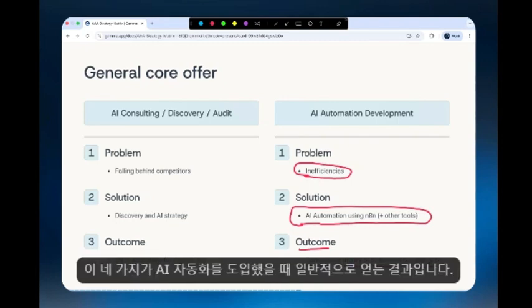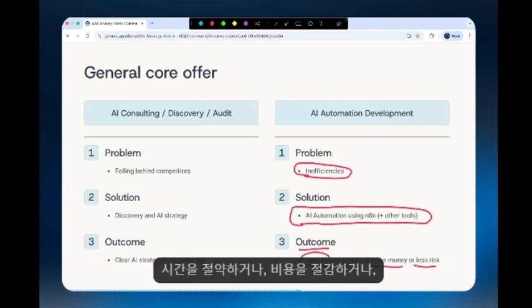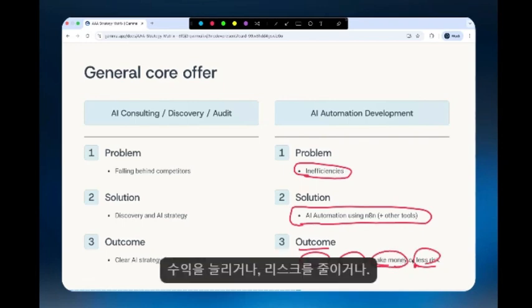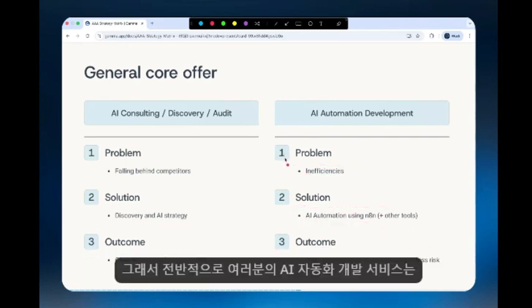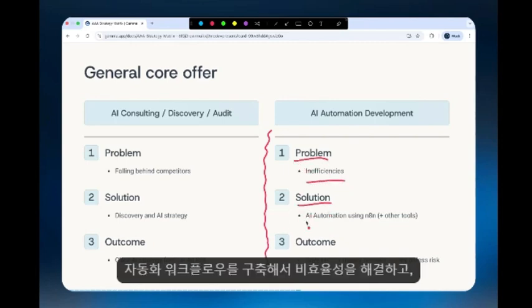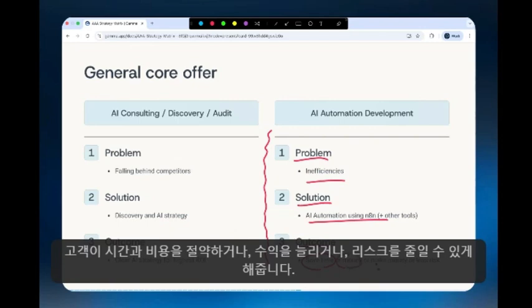These four categories are generally the outcomes you'd achieve from implementing AI automation. Like you might reduce compliance risk or legal risk or whatever it is. And so broadly, your AI automation development services will solve the problem of inefficiencies by building out AI automation workflows and then allowing your customers to either save time, save money, make money, or reduce some sort of risk.